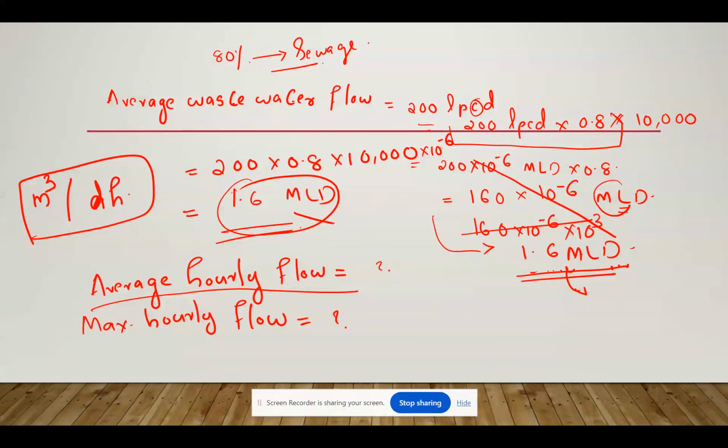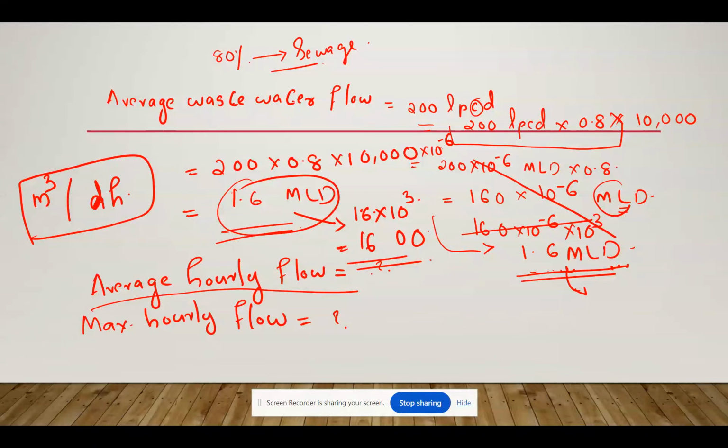Okay, so when you convert this into meter cube, it will become 1.6 into 10 to the power 3. So that means 160, right? Yes. So that is the 1 day value.